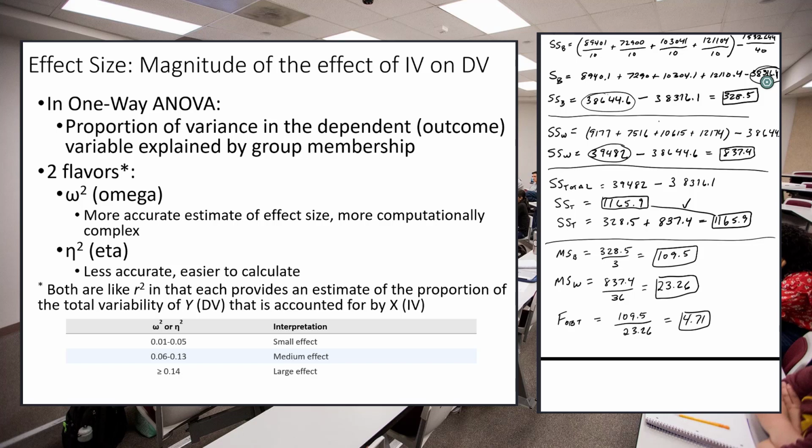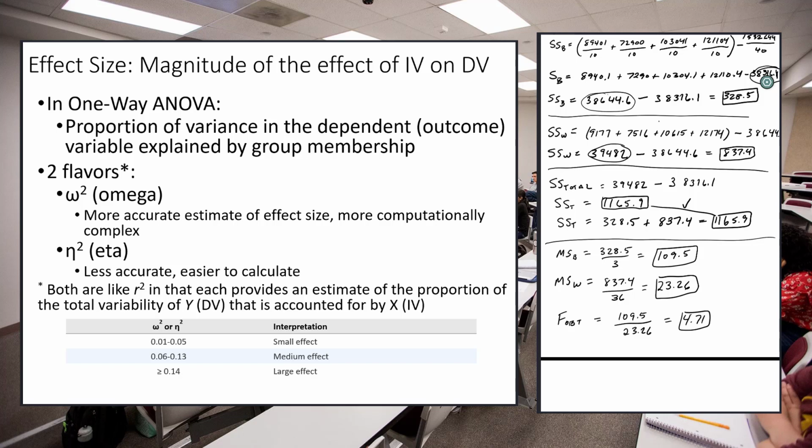It represents what proportion of the dependent variable is explained by the independent variable. So in this specific case, what we're computing with eta squared is the percentage of variance explained in high school girls' self-esteem by their different levels of social media use.